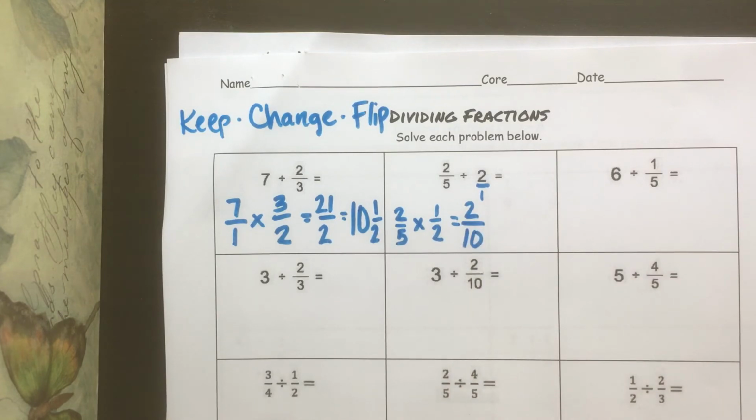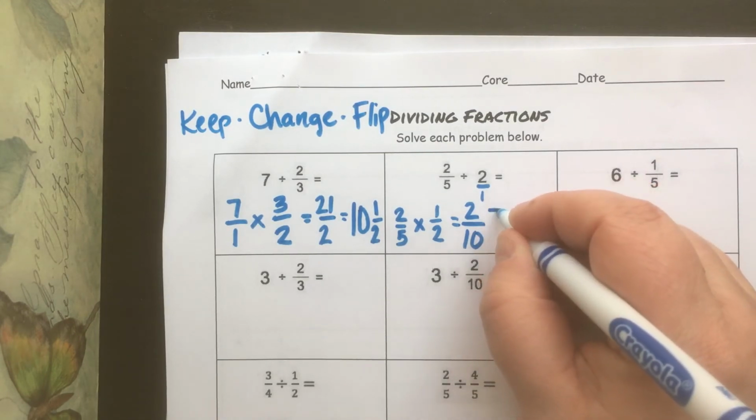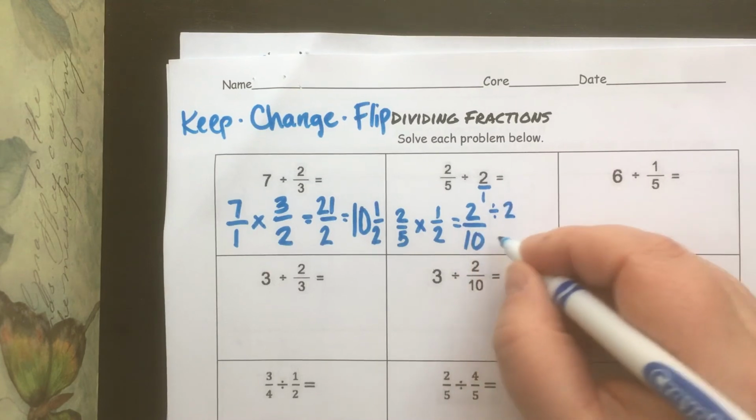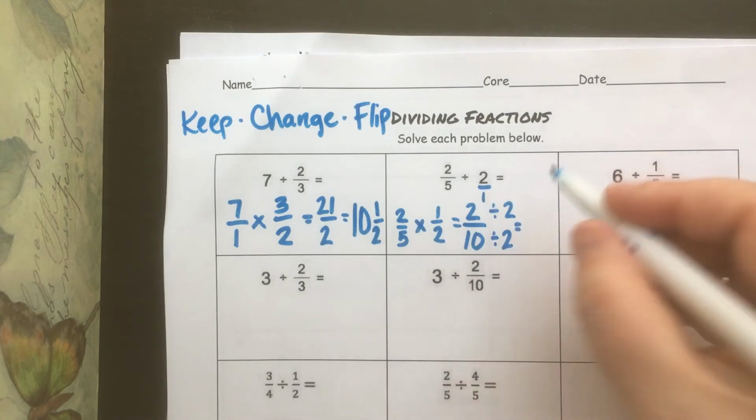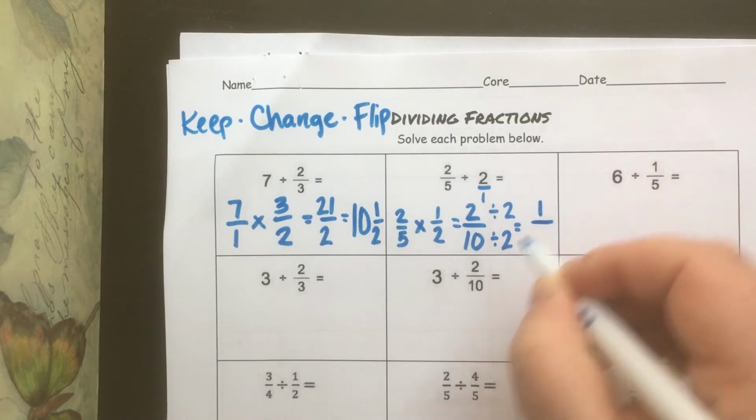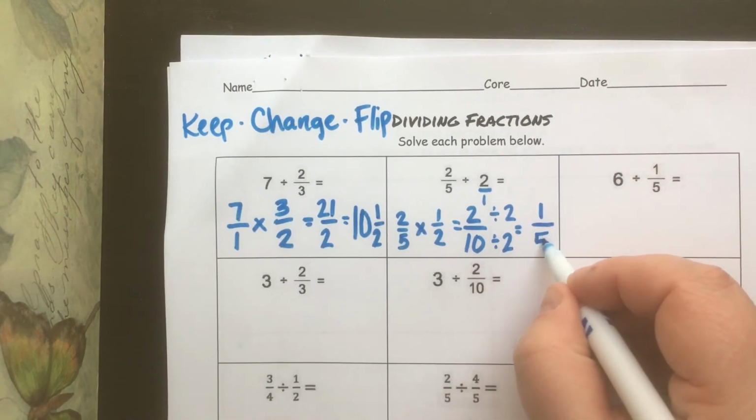Now we're ready to simplify. 2/10. What is the greatest factor I can divide by? 2 and 10. That one's nice and easy because there's already a 2 on the top. The only factor we can use is 2. 2 divided by 2 is 1. 10 divided by 2, 5.